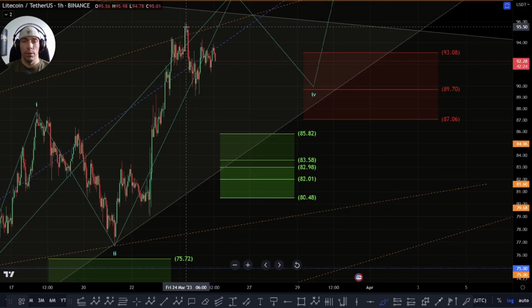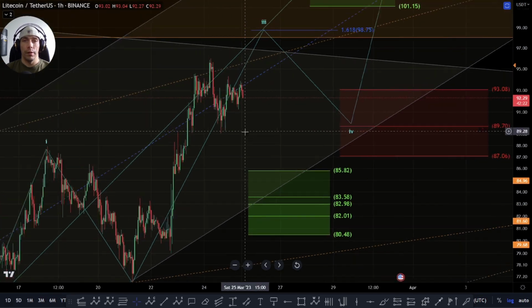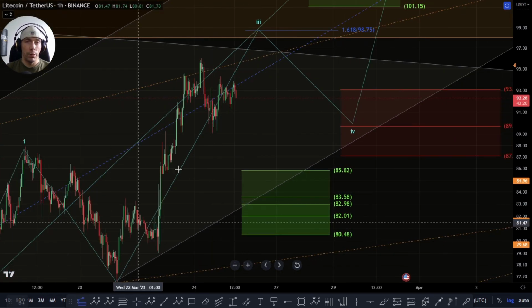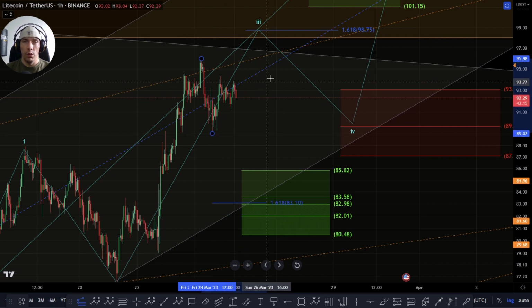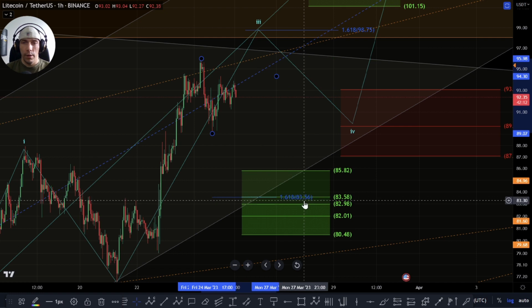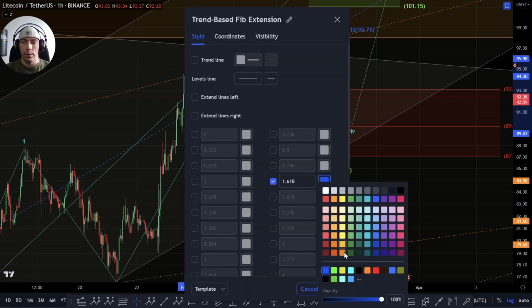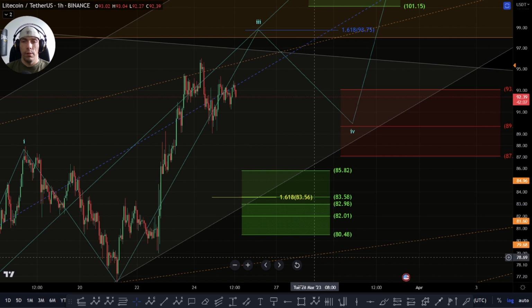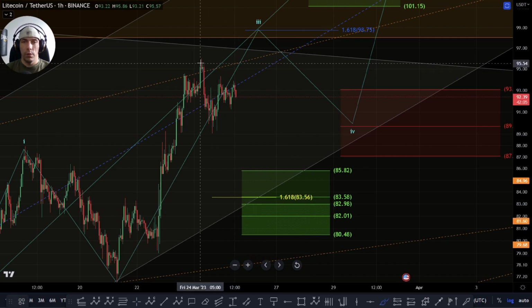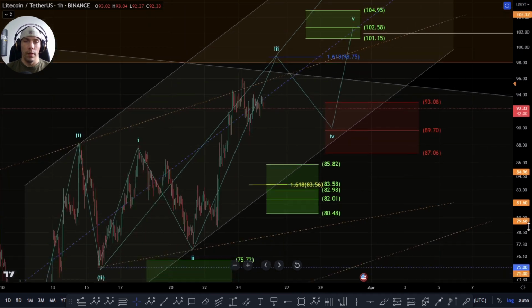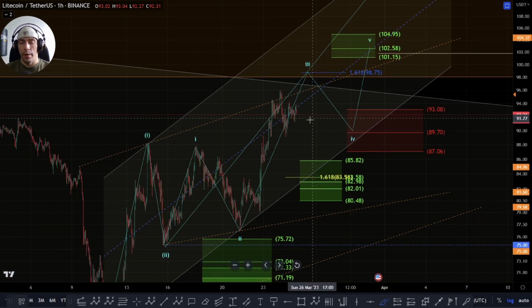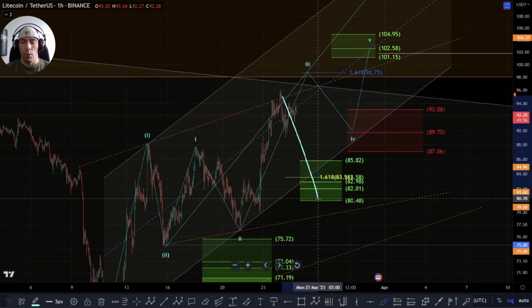However, we also need to be aware this move does look like a five-wave structure to the downside. So if we do start to move down towards this zone here of 83.56, potentially what we could then be forming is a bigger five-wave move down here, in which case that would have to either be a wave one or an A wave.